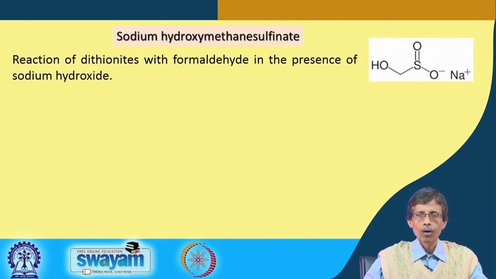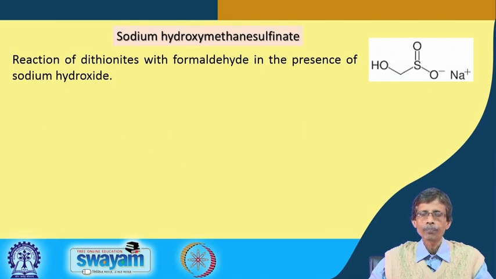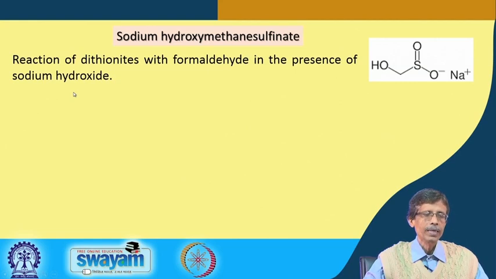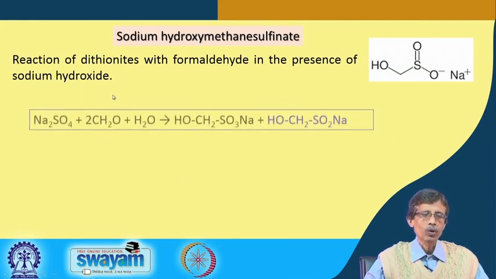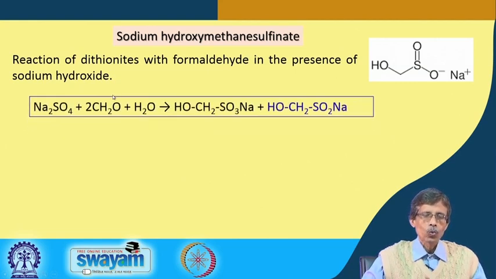We should all know it is a one-carbon-bearing aldehyde, the CH2O function. That CH2O function is attacked by your dithionite in a strong or medium alkaline medium of sodium hydroxide. So, you quickly look at the corresponding reaction, where your sodium salt is not sulphate, it is dithionite.